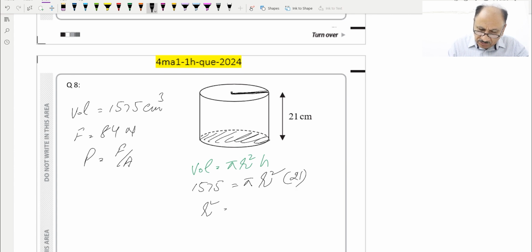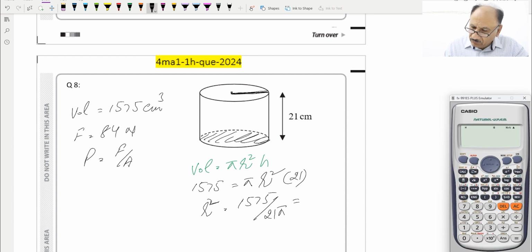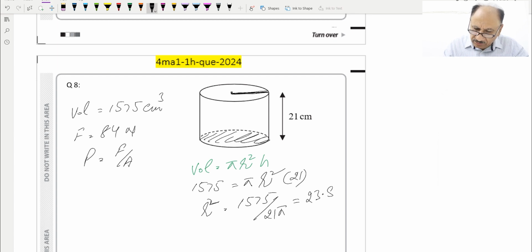So r square is equal to 1575 divided by 21 pi, and this is equal to 23.87.